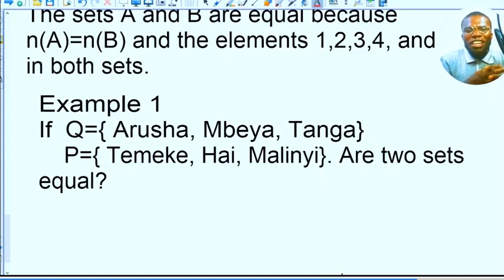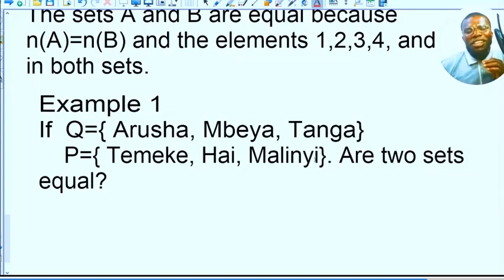In order to judge that they are equal, we have to consider two conditions. The first one is that the number of elements must be equal. Let us check how many elements there are in set Q. There are 3. And what about in set P?